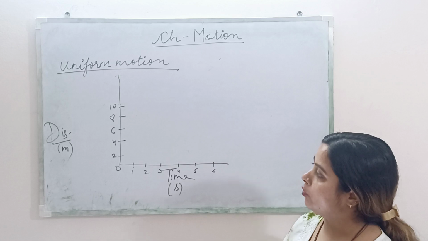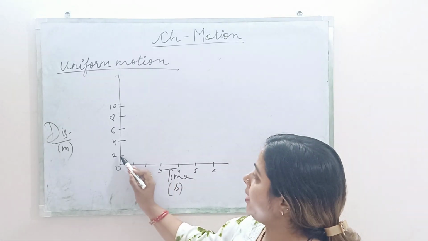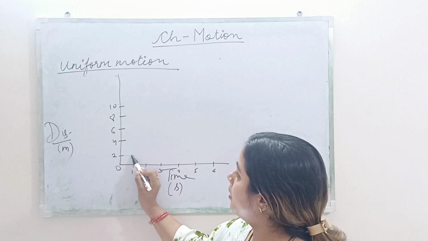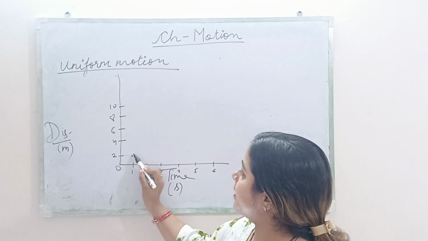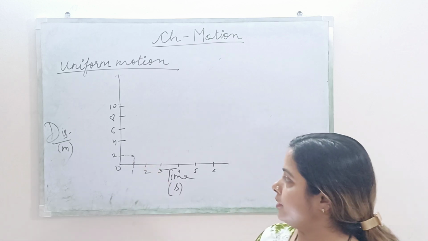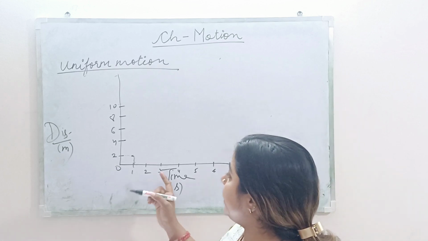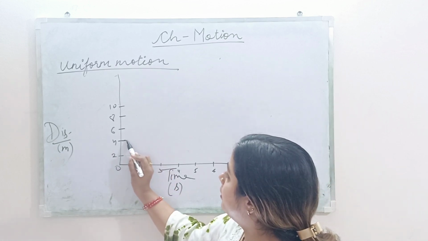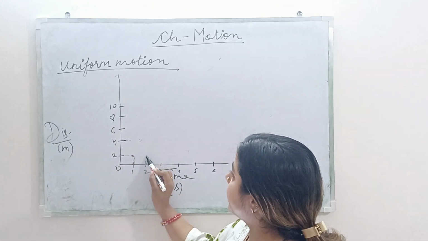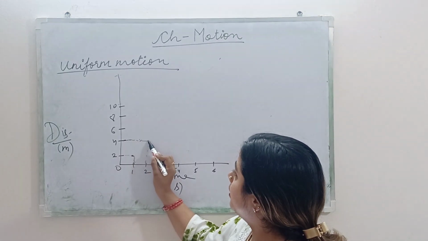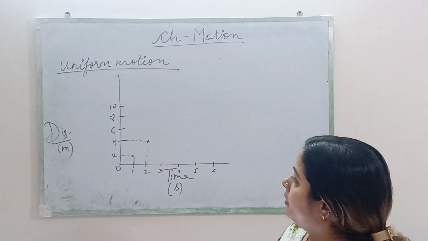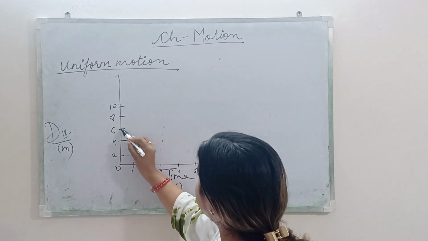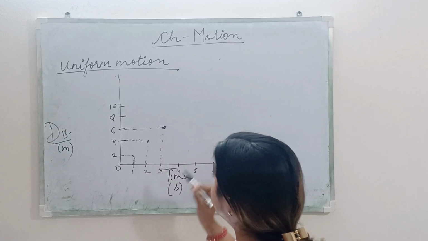Okay. Now suppose in 1 second the body is covering 2 meters. So here if we draw a graph, in 1 second the body is covering 2 meters. Okay. In next second, the body is covering 4 meters. Clear? In next second, the body is covering 6 meters.